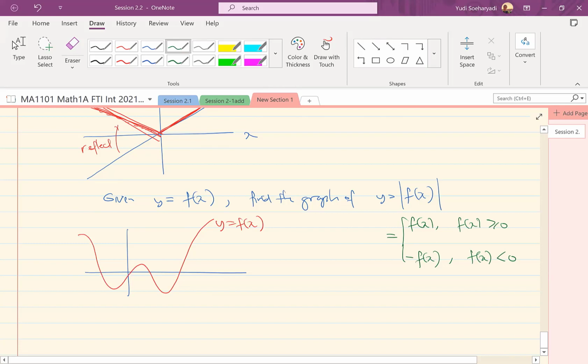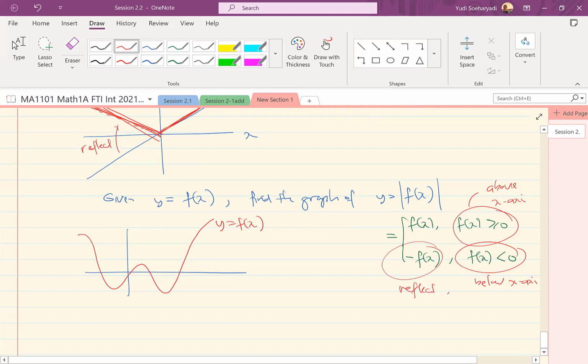So what it tells you is that this part is above the x-axis and this part is below the x-axis. If the graph is above the x-axis, you keep it that way. If the graph is below the x-axis, then reflect.